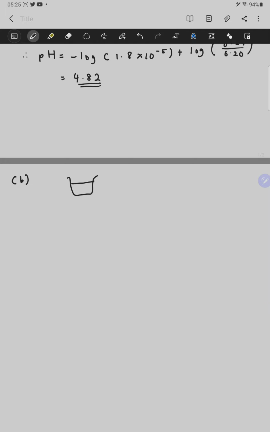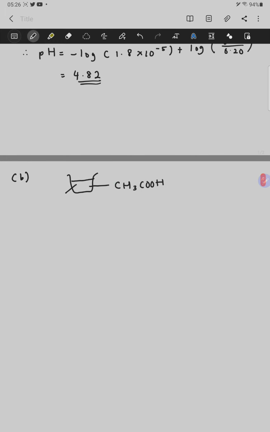Since ini adalah acidic buffer, teacher pernah bagi tahu that ada 2 species or compound yang akan ada ability untuk protect the pH of the buffer. So kita akan ada weak acid, and then kita ada juga weak base CH3COO-. So CH3COO- ini dia datang daripada salt dissociation tadi. Okay, so ini adalah two important species that will act to maintain the pH of the buffer.